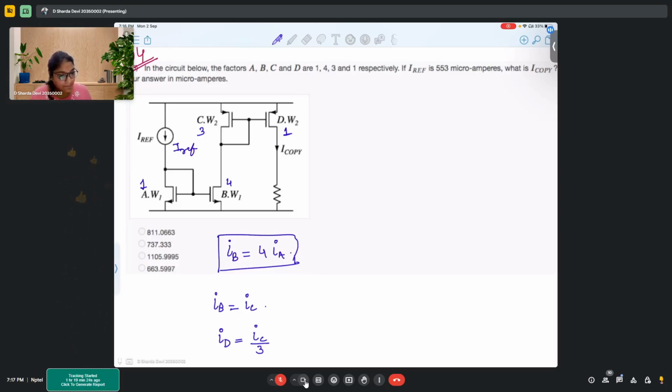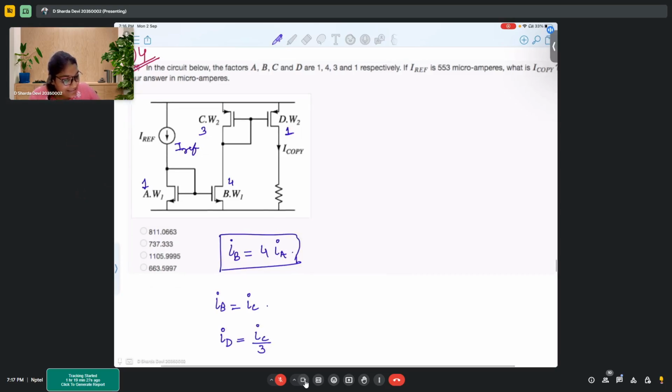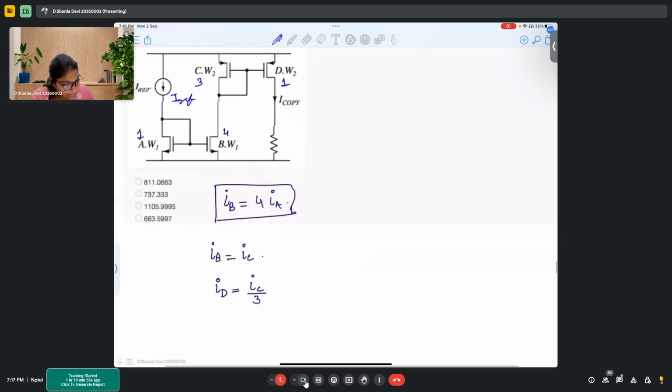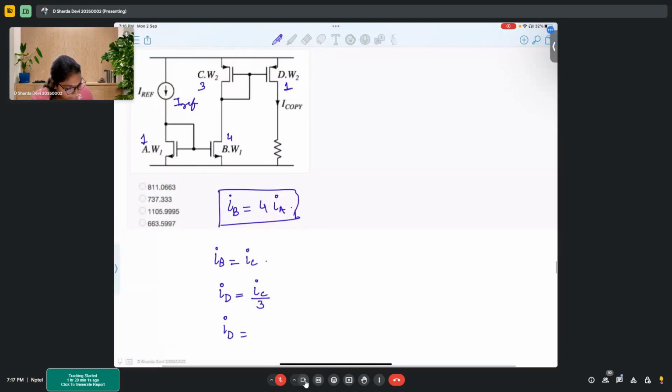That means if 3 times, so it's like 3WP equal to WP. So this is for C, this is for D, but they have to be equal. So from there we get ID equal to IC by 3. And now if we substitute it here, ID will become 4IA by 3.